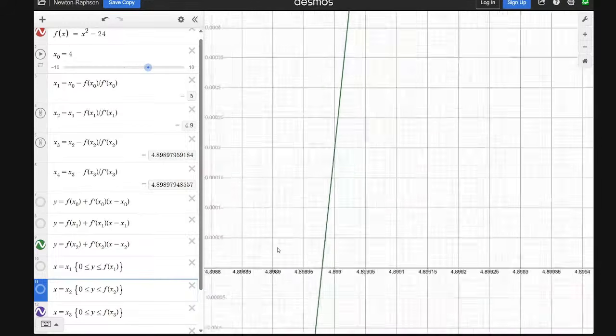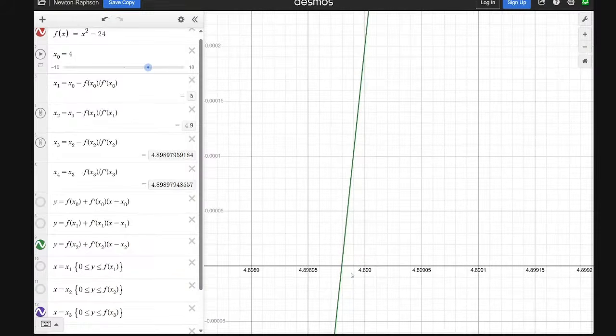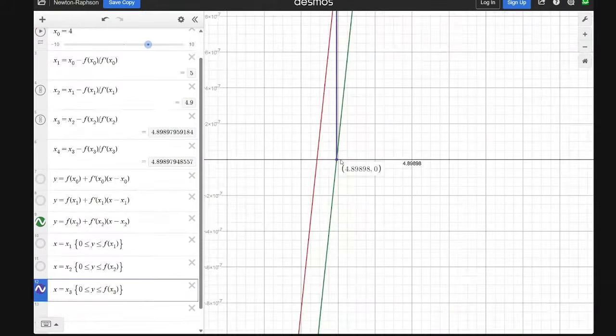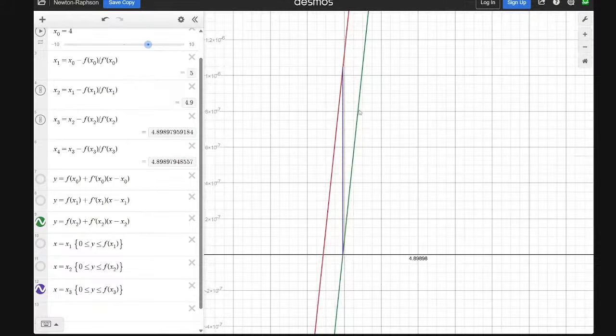As you all can clearly observe, this is very close to the curve of our function. This meets the x-axis at the point x equal to 4.898, which is the value of our x3. Subsequently, we will be drawing the tangent again at this x equal to 4.89898 to find the value of x4. If this accuracy is acceptable according to our problem, then we might end up at x3 itself.